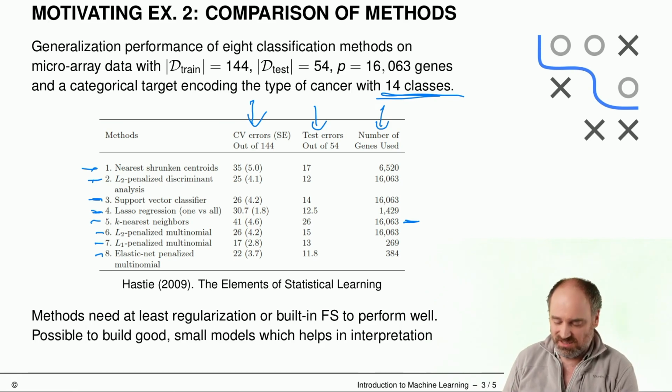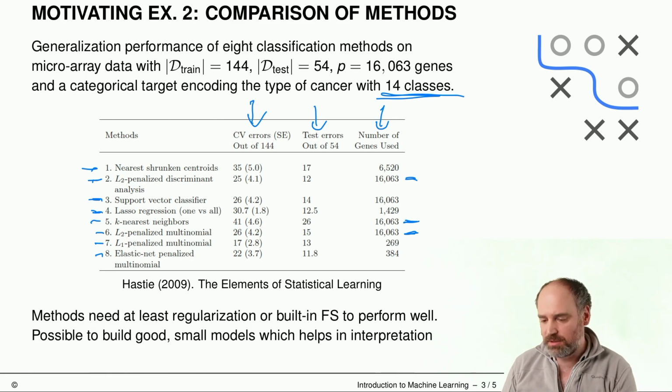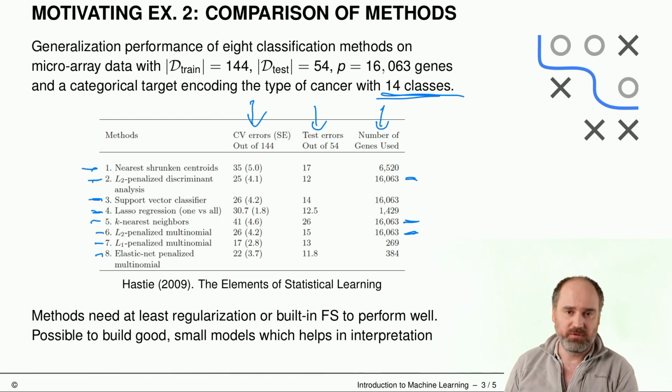Then you have these L2 regularized techniques, like the L2 penalized multinomial, or let's maybe do the L2 penalized LDA, and they also use all of these 16K features. Why? Well, they regularize, but as we have learned in the chapter on regularization, if we use the L2 penalty, it's very, very unlikely that feature coefficients get driven down to exactly 0.